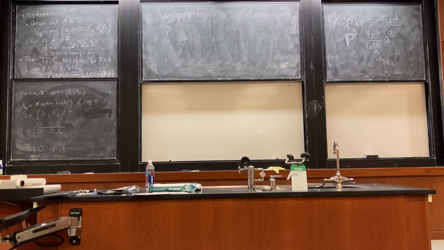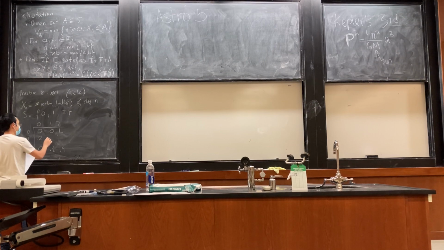When only one is working, it will burn out with probability 0.2. So 1 will go to 0 with probability 0.2 and will stay at 1 with probability 0.8.